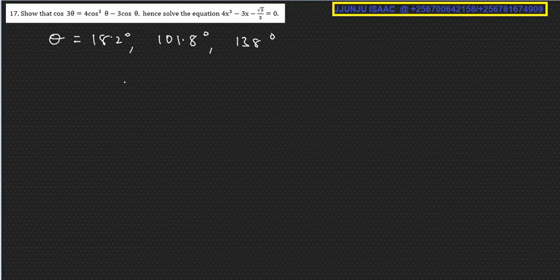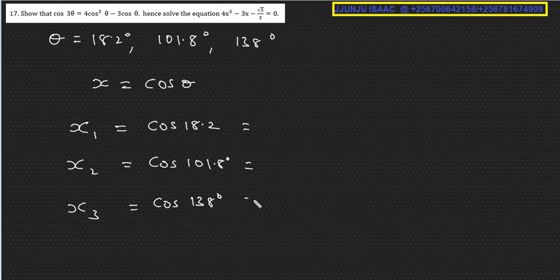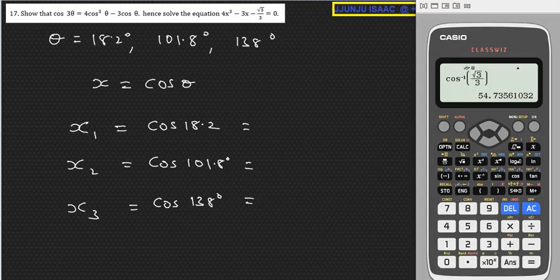But our x is equal to cos theta, so x1 will be equal to cos 18.2, and x2, the second root, will be cos 101.8 degrees, and the third one is going to be cos 138 degrees. So let us find out.